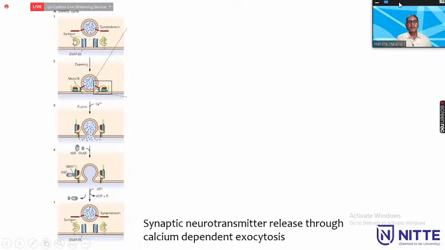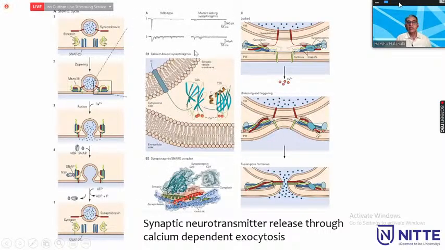Apparently, synaptobrevin interacts with syntaxin to anchor synaptic vesicles to the presynaptic membrane, and then the availability of calcium leads to fusion of the vesicular membrane with the presynaptic membrane, leading to exocytosis of transmitters.